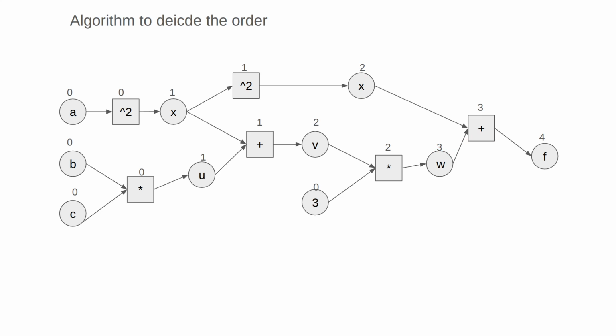So when we traverse the graph, we can sort all the links by the generation number and call the backward functions one by one.